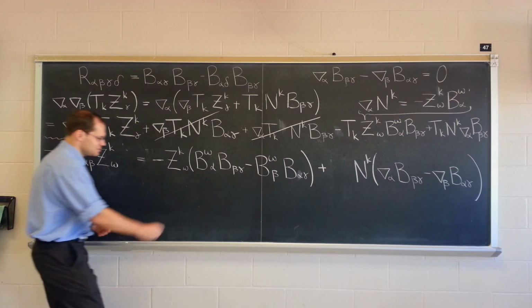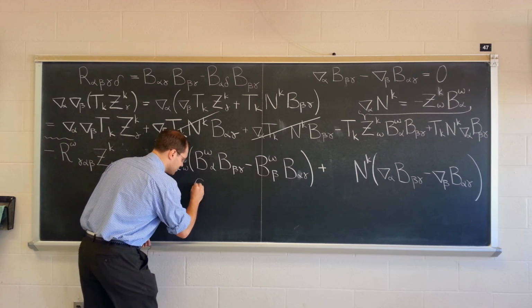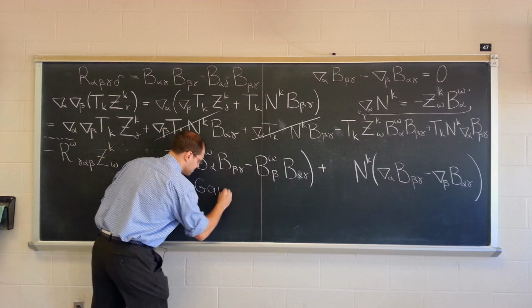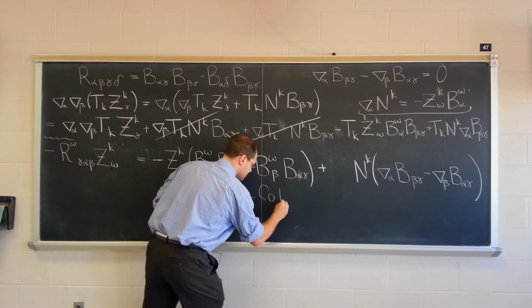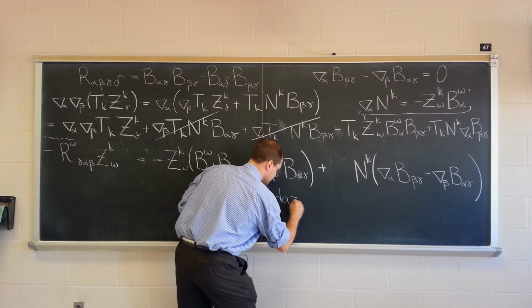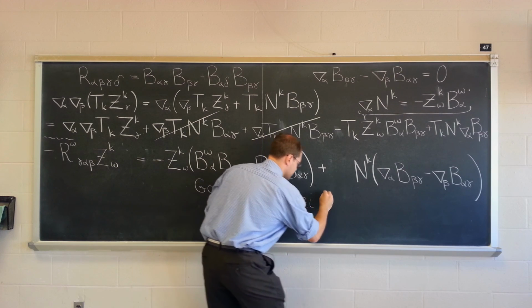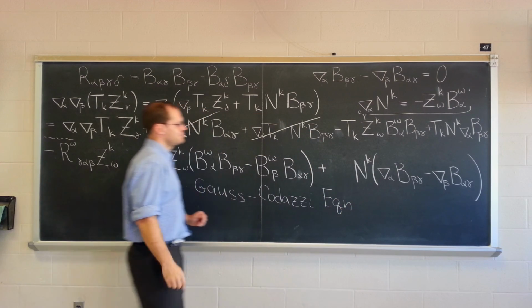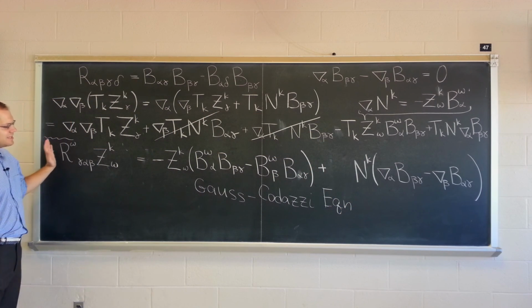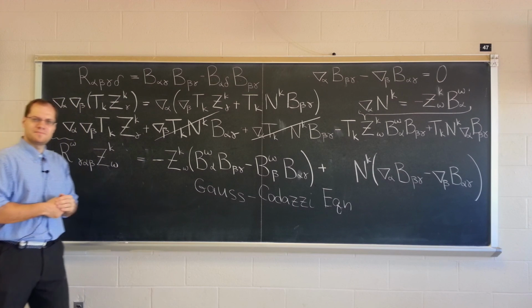So this combined relationship has a very appropriate name. It's called the Gauss-Codazzi equation. Very appropriate name. Okay, Gauss-Codazzi equation, that's the more general one.